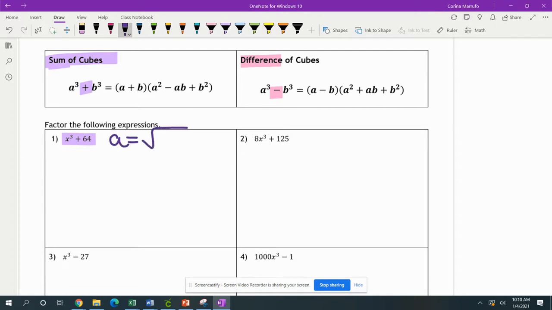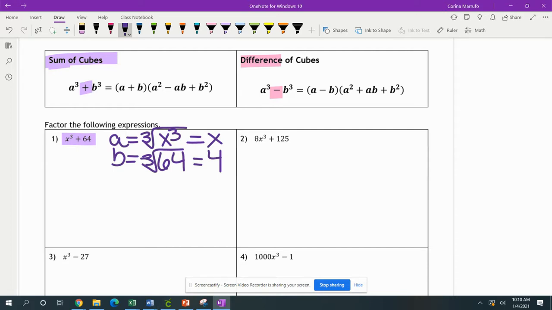So a is found by taking the cube root of x to the third power, which would just be x, because the cubed and the cube root cancel each other out. And then our b is going to be the cube root of 64, which I believe is 4. 4 times 4 is 16 times another 4. Yeah, it is 4.